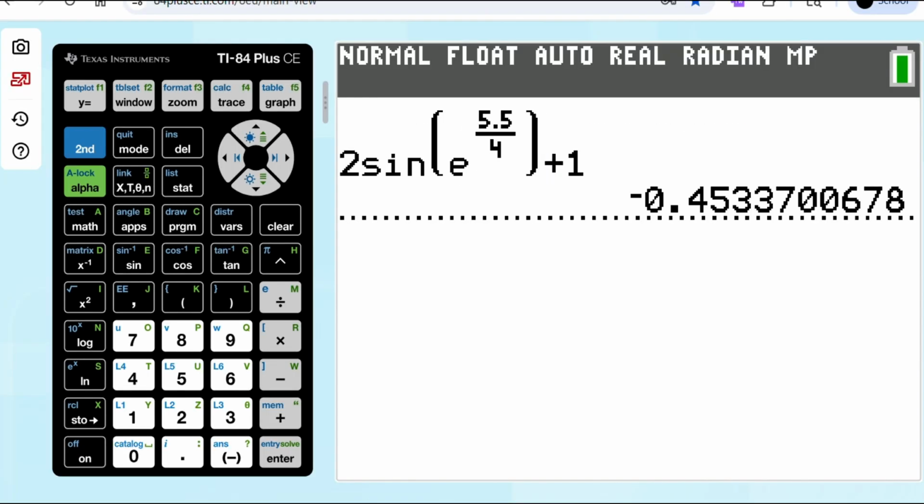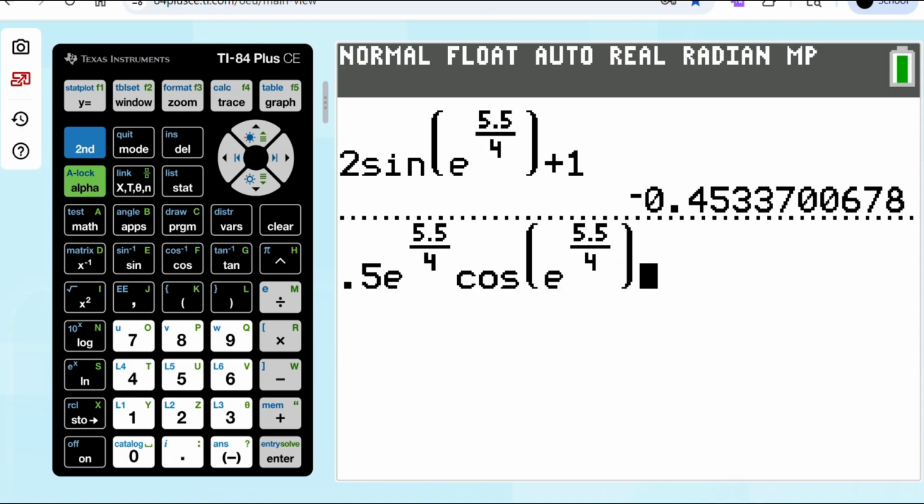And then we'll do the same with our acceleration function. It was 1/2 of e to the t over 4, so I'll just write 0.5 of e to the, and again, it was t over 4, so I'm going to use that same fraction, 5.5 over 4. And then it was times the cosine of e to the t over 4, so e to the 5.5 over 4.